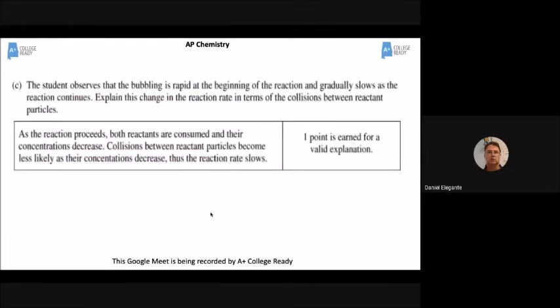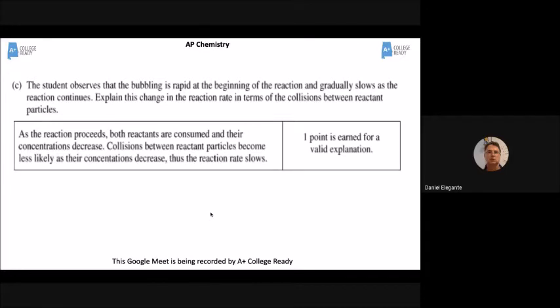It was only worth 1 point, and basically it's saying as the concentrations decrease, collisions decrease as well. So because you've got less and less reactants, the whole thing slows down because there's fewer collisions.